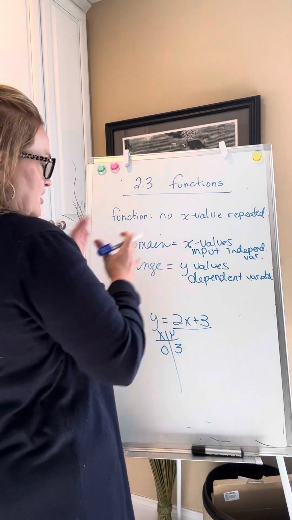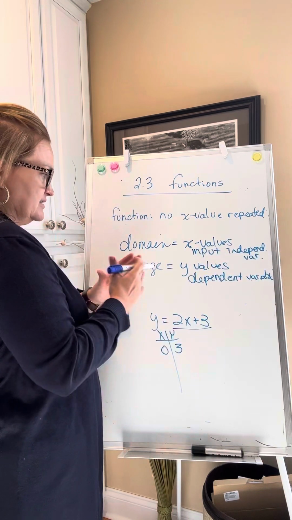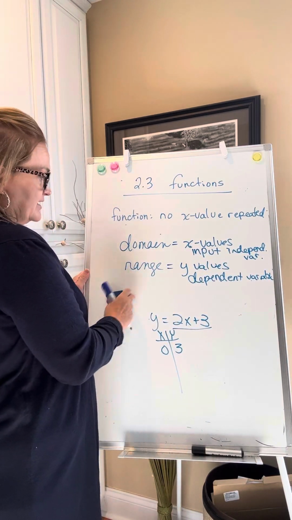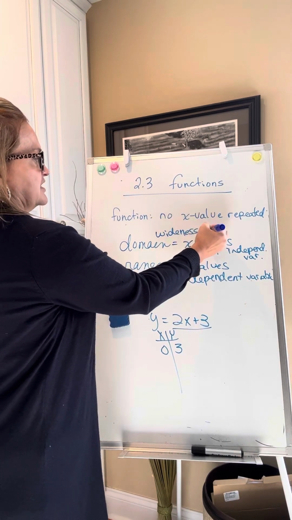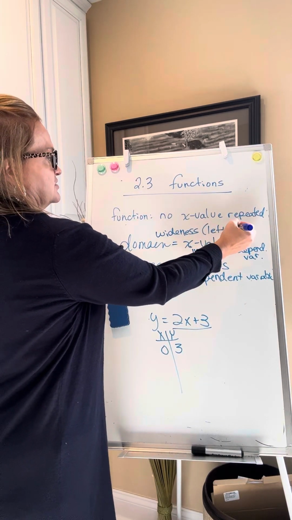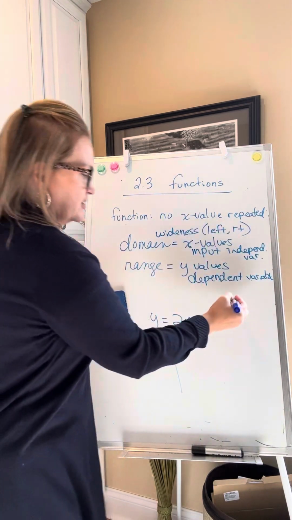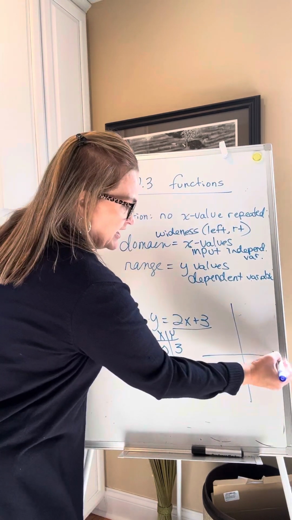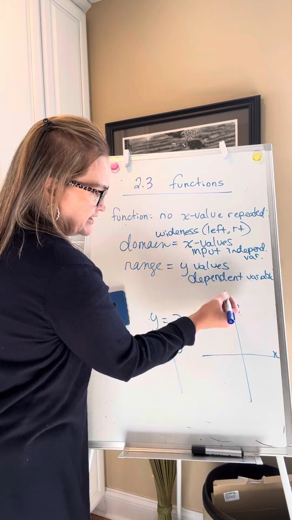Domain, whenever we graph this, you can also think of as how wide it gets. The domain is also the wideness. How far does it go left to how far does it go to the right? So how wide does the graph get? Whenever we're graphing, X is left to right, the horizontal, and Y is the vertical.